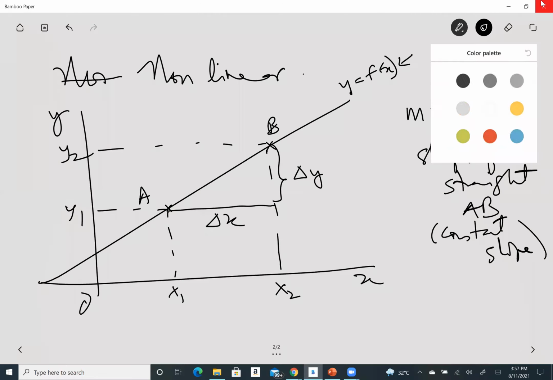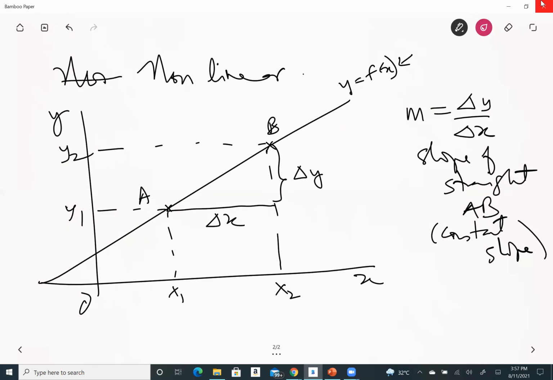Now, suppose we have a non-linear line. Say it would be something like this. That passes through B. Okay, I missed B, so it should go through the point B. If you look at the curve, call it y equal to f of x.